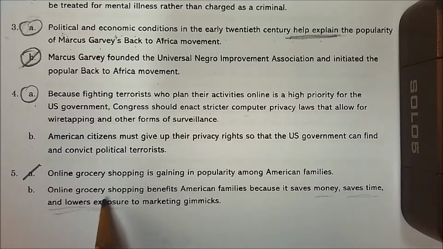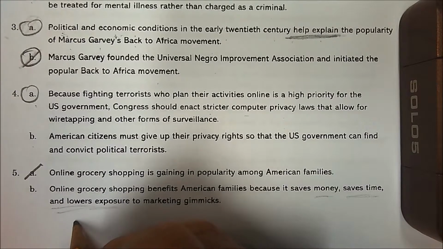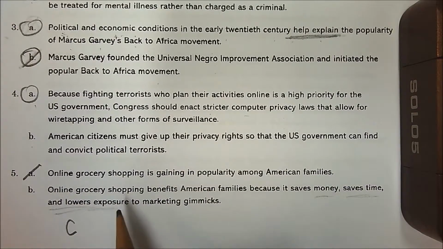5B says online grocery shopping benefits American families because it saves money, saves time, and lowers exposure to marketing gimmicks. So this focuses clearly on the benefits of online grocery shopping. So it's clear. It's arguable because perhaps there are some situations where it doesn't save money.